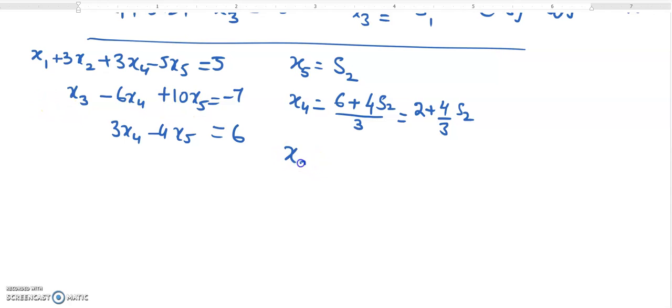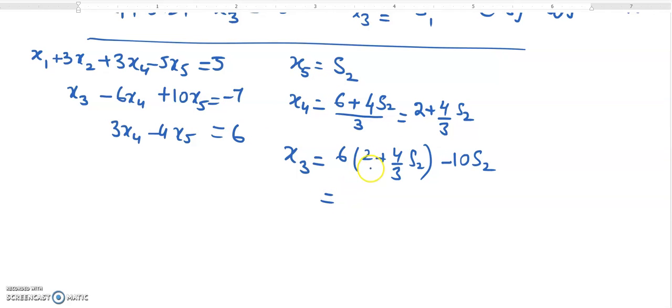So x3 will be equal to 6x4, so 6 times 2 plus 4 by 3 s2, and minus 10x5, so minus 10 s2, since x5 was s2.